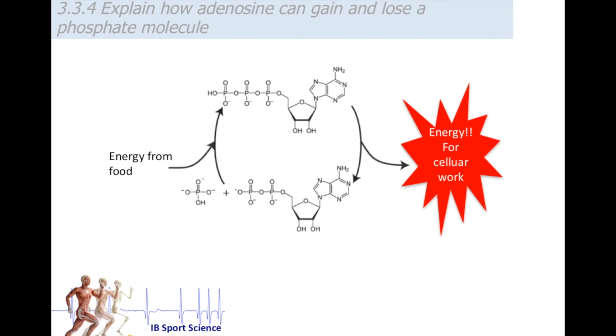Once it's in the iPhone battery, it can then be used by the iPhone to power the phone itself. So this is a continuous cycle of the battery being used up and then being recharged again. So there's an overall energy input from whichever energy source we want, and the energy being used up in powering the phone. But everything has to be transferred into ATP before the body can use it.